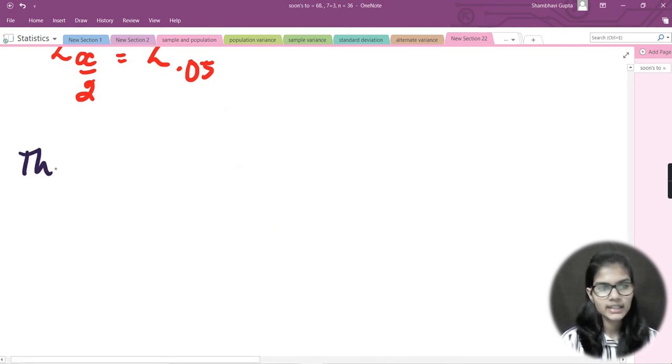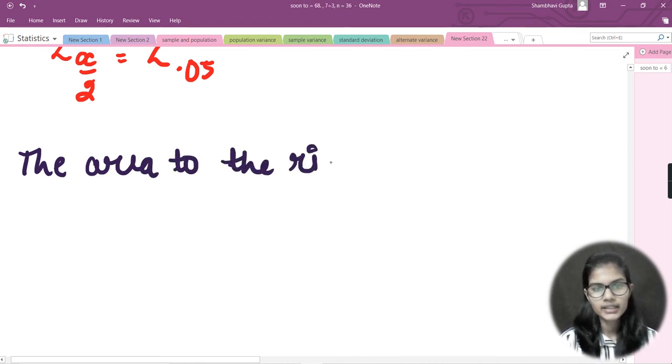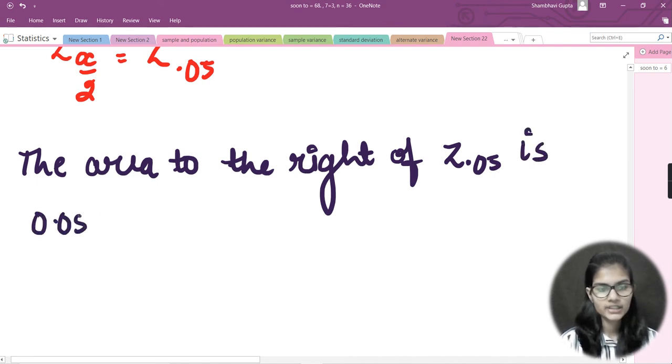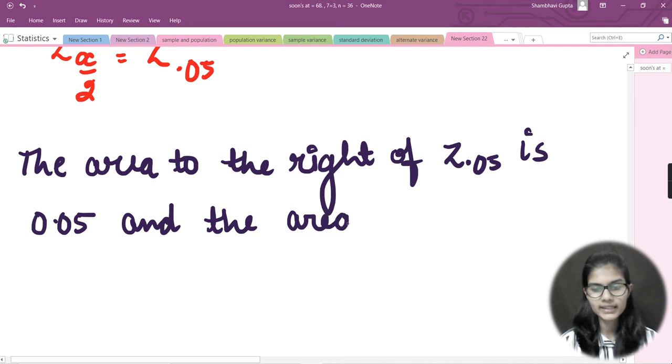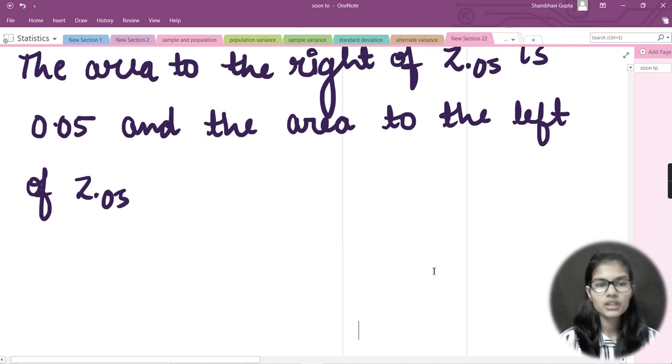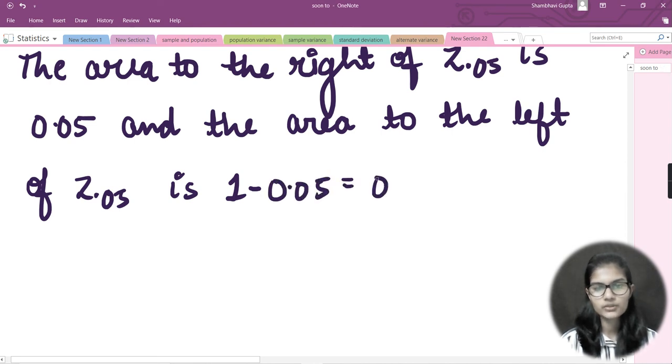From here I can say the area to the right of z 0.05 is 0.05, and the area to the left of z of 0.05 is 1 minus 0.05, and that is equal to 0.95.